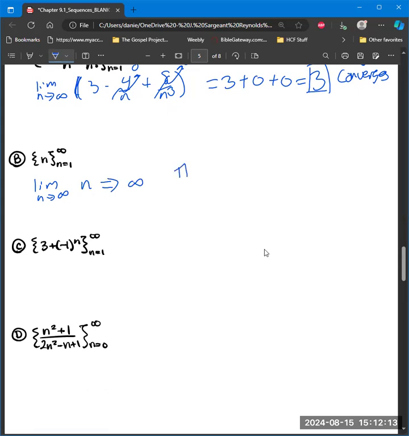The limit does not exist because it increases without bound as n approaches infinity. So this diverges.